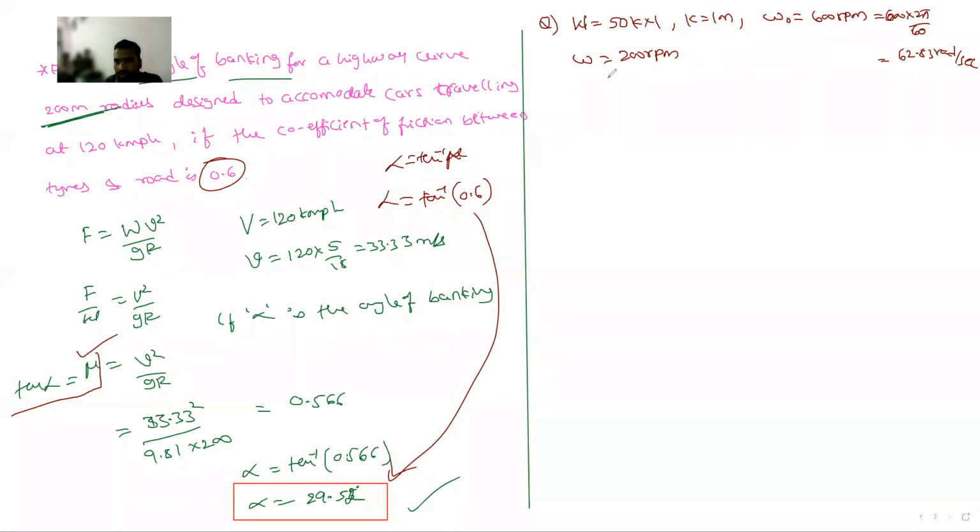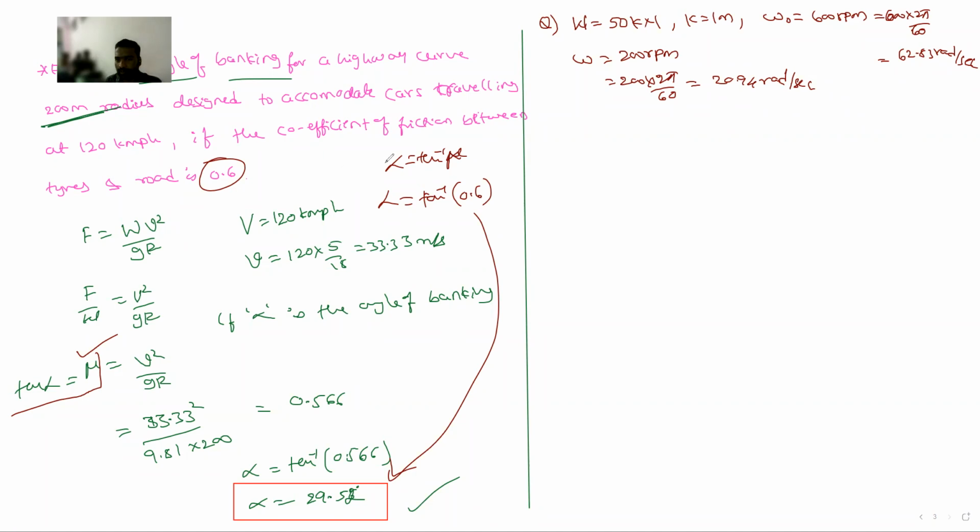So here it is 200 into 2 pi by 60. So here you will get 20.94 radian per second. Is it correct? So you solved a problem like this.